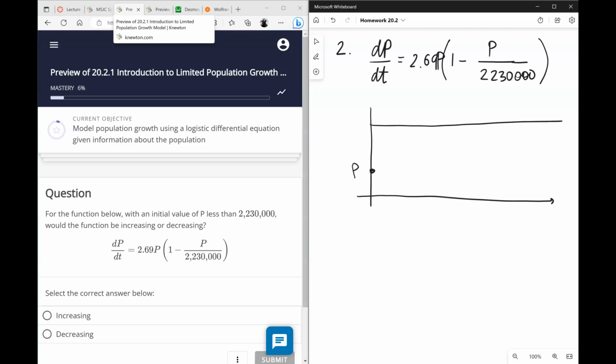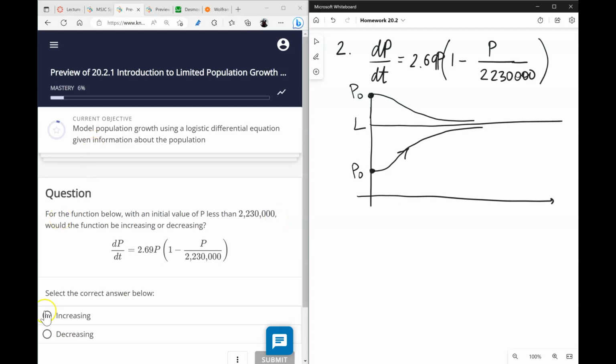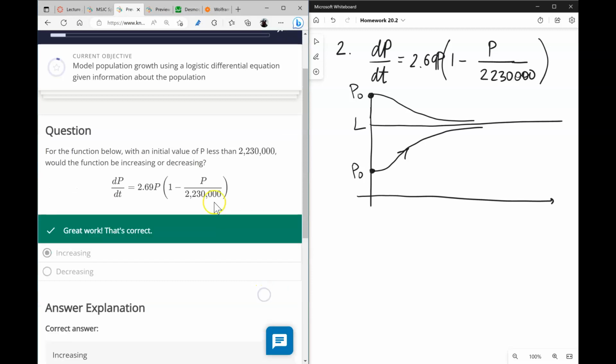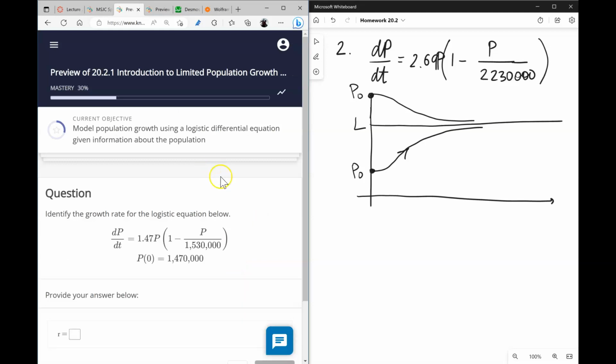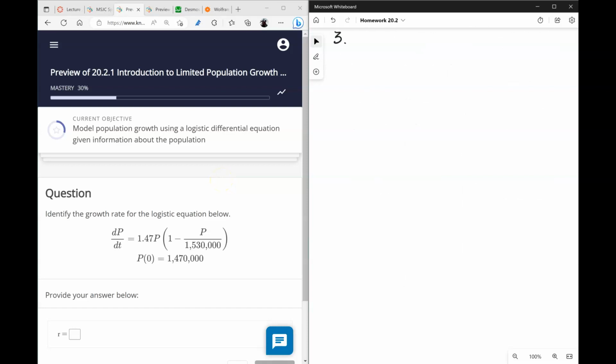If your initial value is below carrying capacity, you will be approaching it from below. If your initial value is above carrying capacity, then you will be approaching the carrying capacity from above. In this case, the initial value is less than capacity, so the function will be naturally increasing. That's why it's called population growth. However, if you have too much of something, then the population will be naturally decaying, but this is not what the problem was asking us.